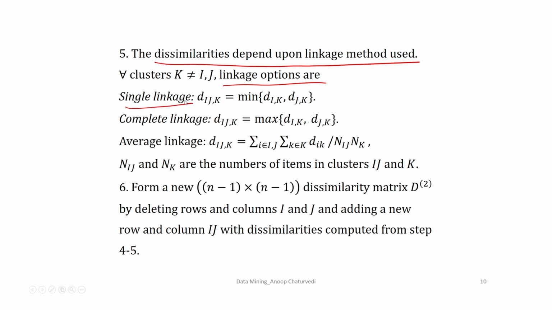In single linkage, what we do? D_IJK is the minimum of Dik and Djk. You have cluster I and another cluster K, and the distance between these two is Dik.